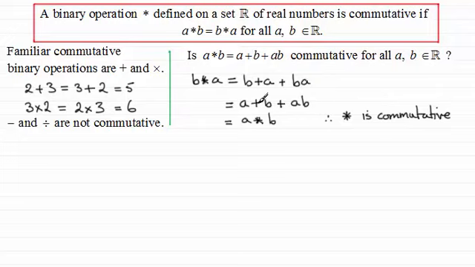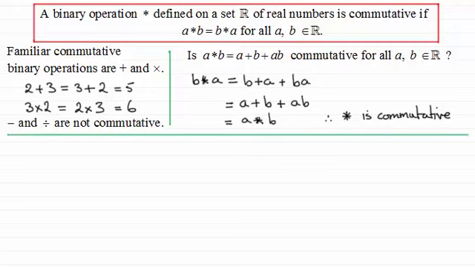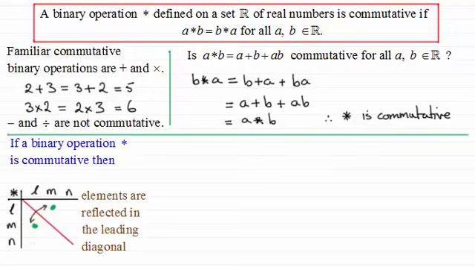Now, there's going to be situations where you're given tables. For example, if you're given a binary operation, let's say again defined by star here, and we're told that it's commutative, then if you were to form a table with the results, what you would notice is that the elements that you put in the table would be a reflection of one another in this leading diagonal.